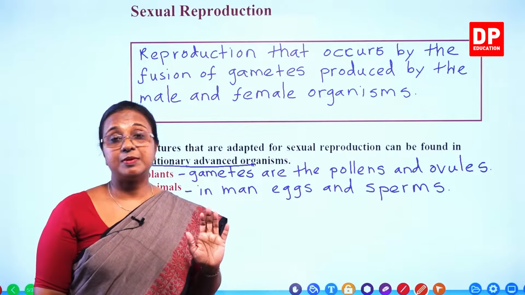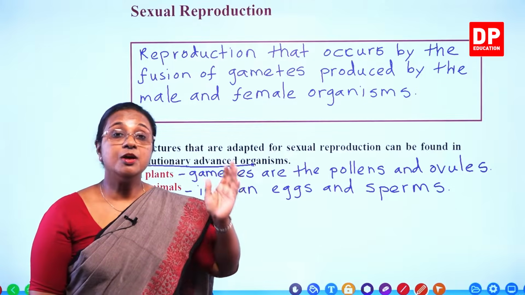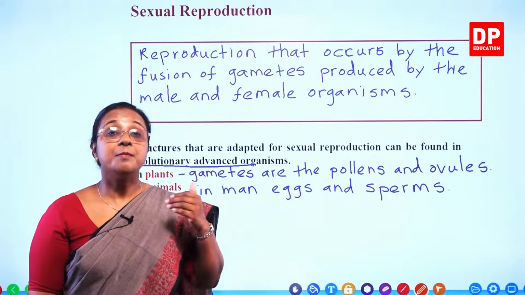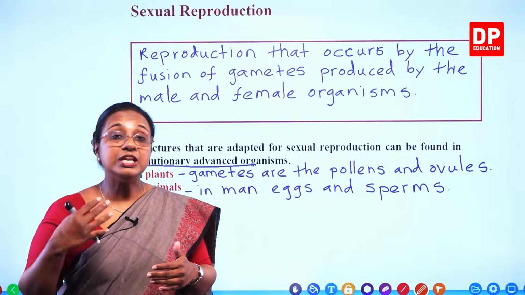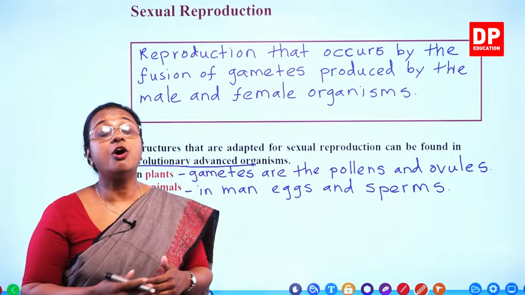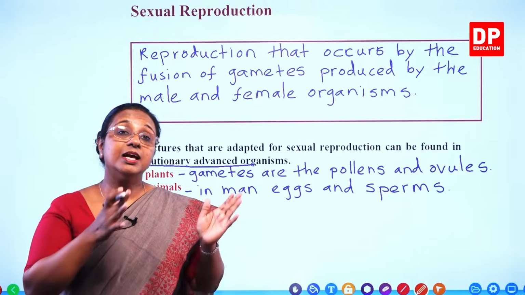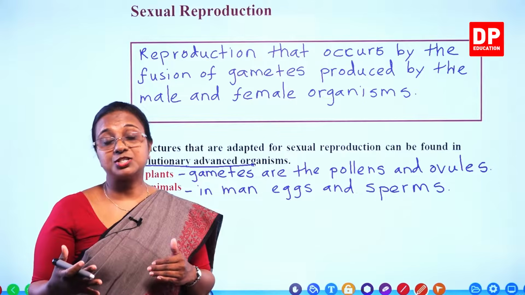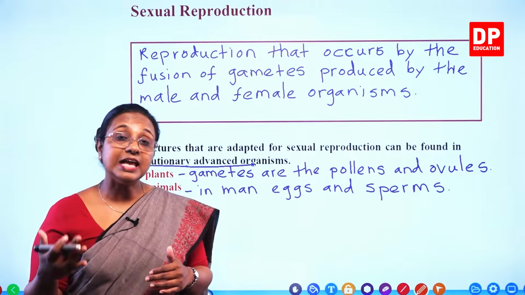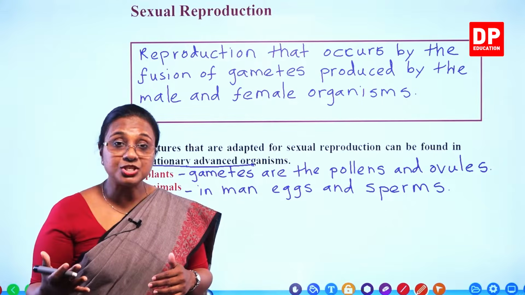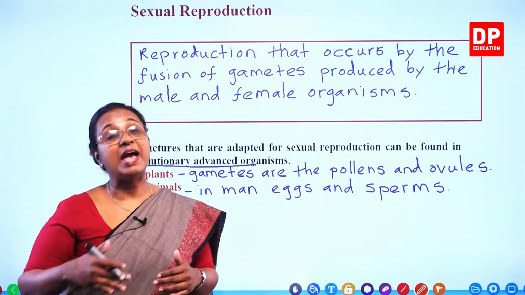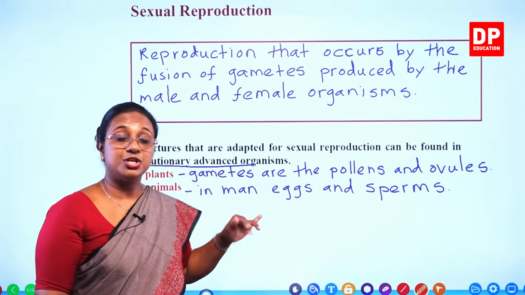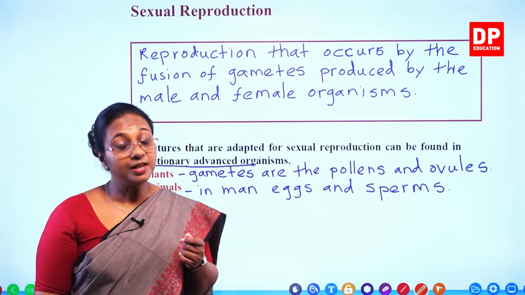Whereas in asexual reproduction, you have only one existing organism, and from it the new generation is produced, so there is no new characteristic in the offspring. That is why, during evolution, sexual reproduction developed, so that it can give rise to changes and variations, so that new species will form and the evolution process will continue. So, that is the introduction to both asexual and sexual reproduction.